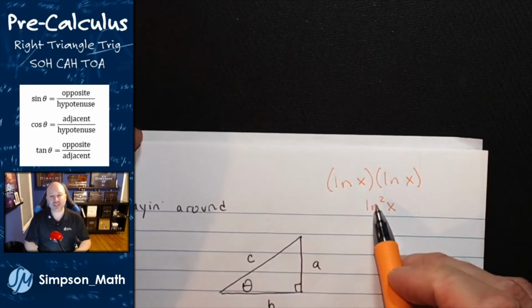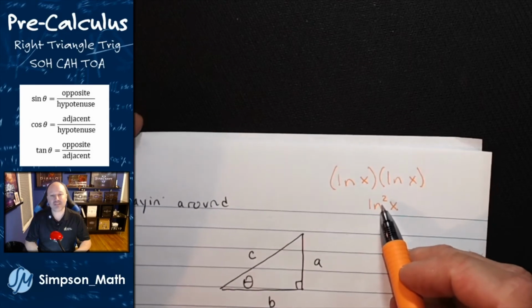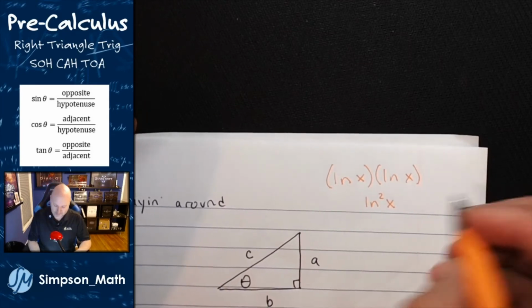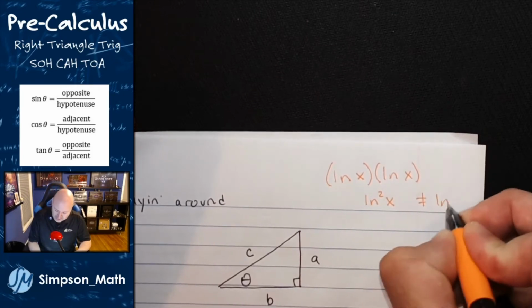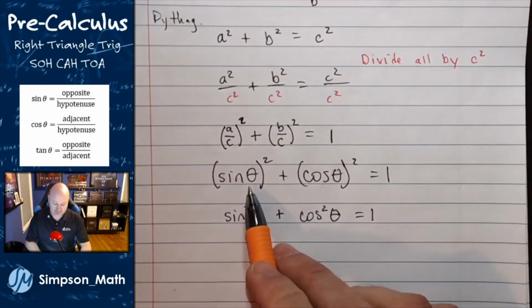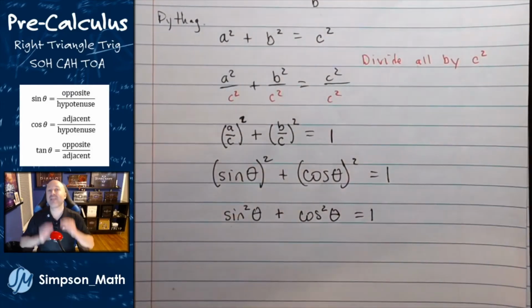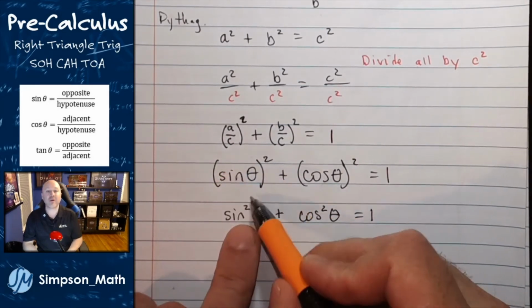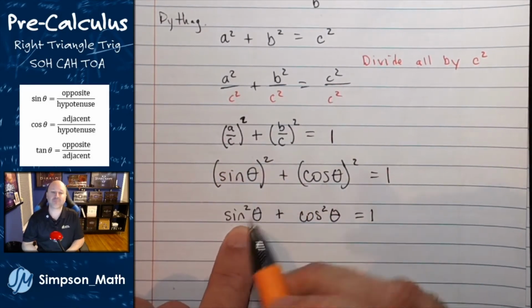So it's just this weird notation, or it's the notation we use. It's to help us not get confused about where that square is, because it is not equal to the natural log of x squared. So it's not equal to sine of theta squared. The square is not on the theta. The square is on the sine function itself.